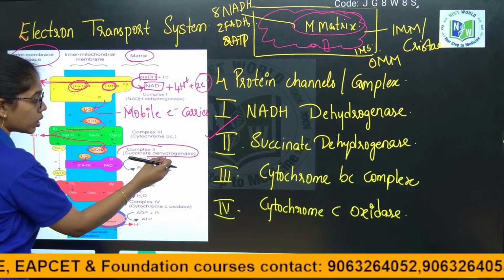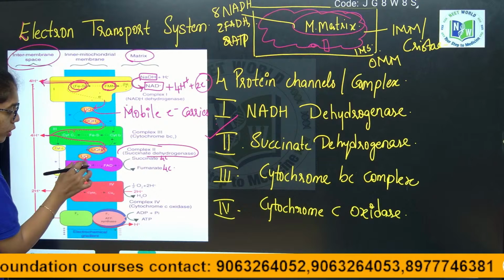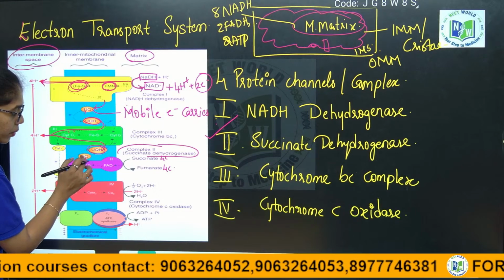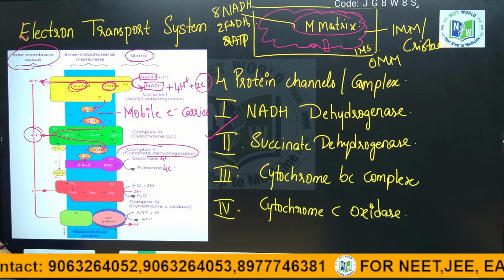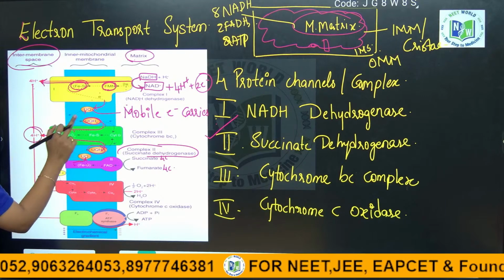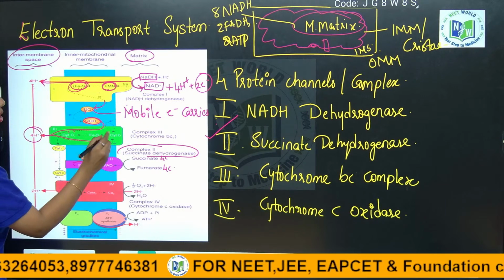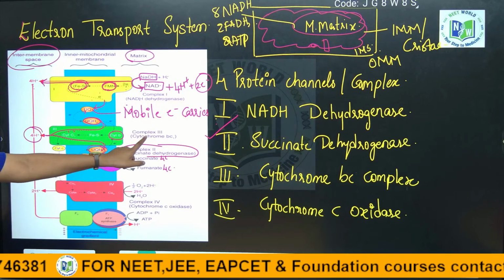Both H plus ions and electrons are submitted to ubiquinone, and from here protons are given to the intermembrane space. Electrons are given out to cytochrome B, which is present in complex 3.